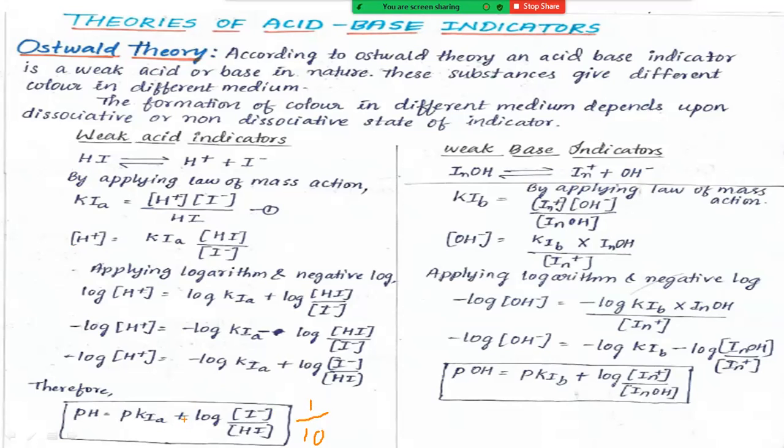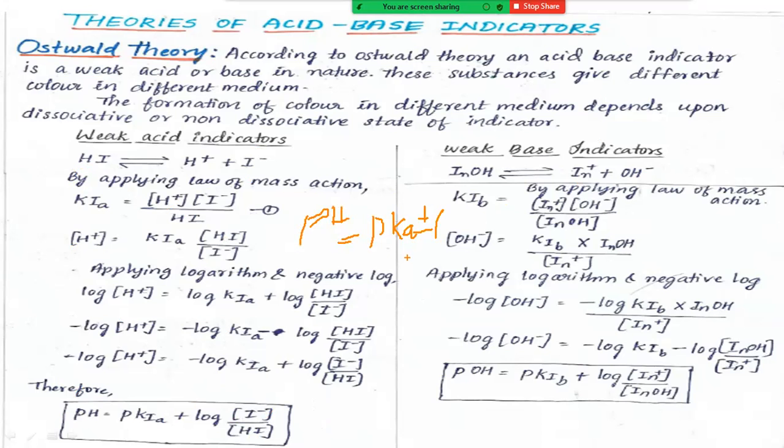So finally we can give a clear formula that pH equals pKIA plus or minus 1. Sometimes it is on the positive side, sometimes on the negative side.